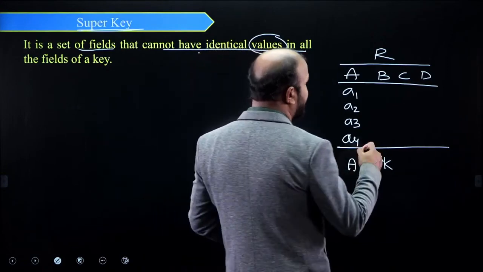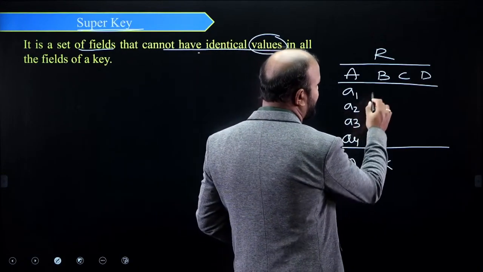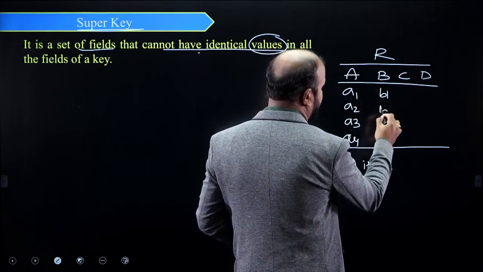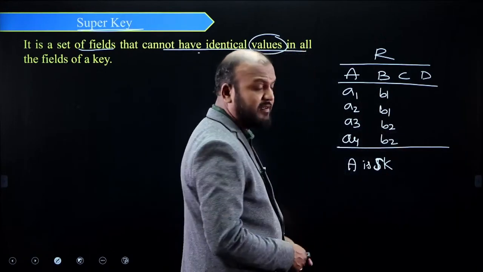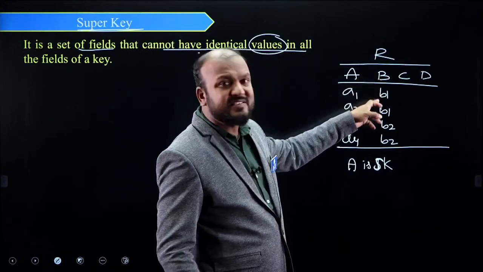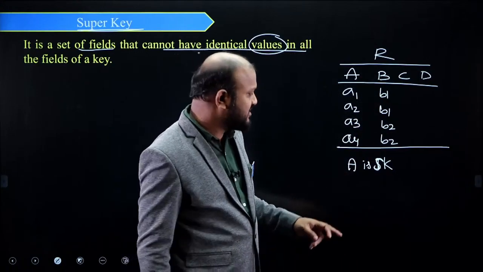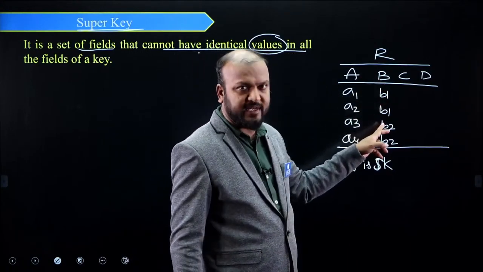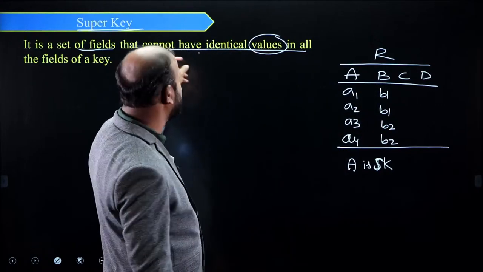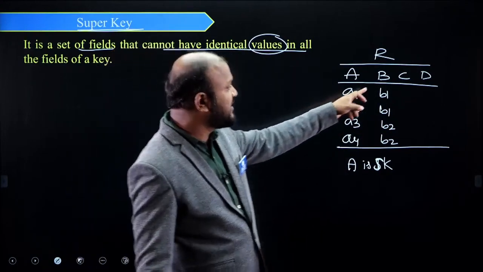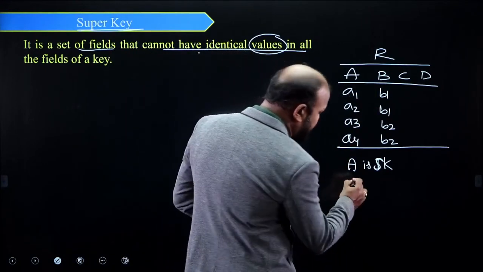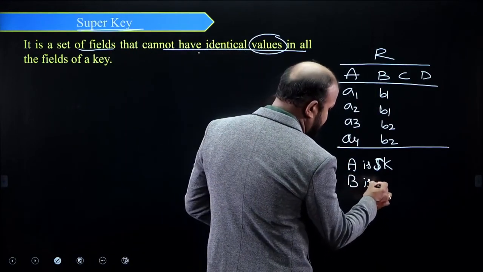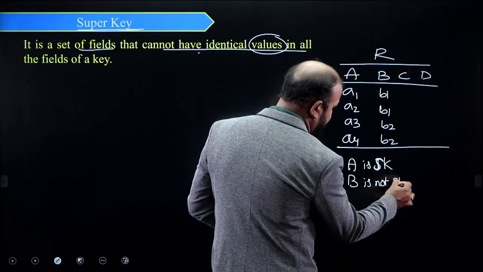Suppose do we have any duplicates in B? B1, B1, B2, B2. But here you observe, can I call B a super key? No. Why? Because B has duplicates. But what super key says is cannot have identical values. But here we have identical values in these tuples. So B is not a super key.